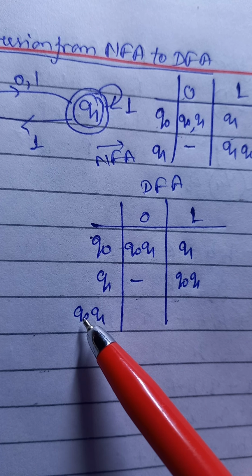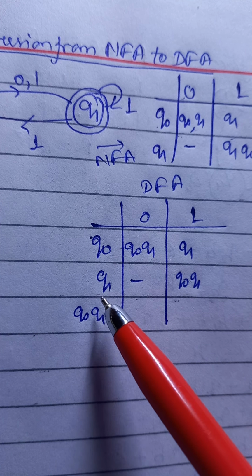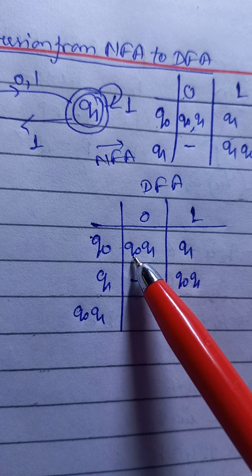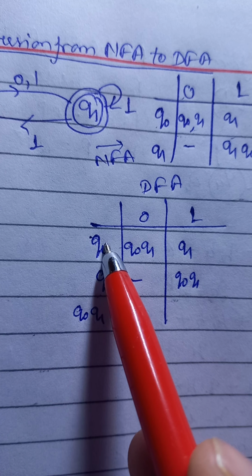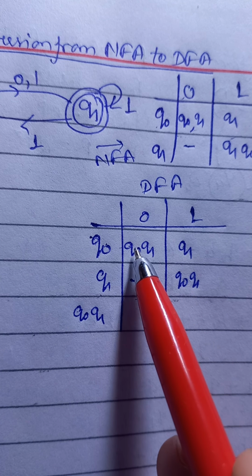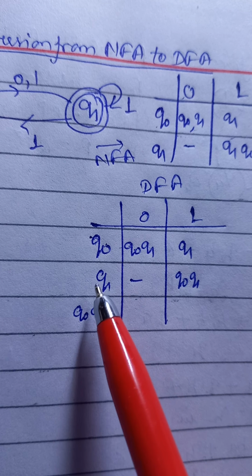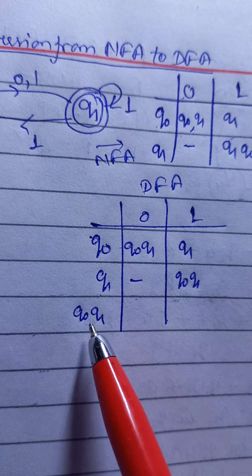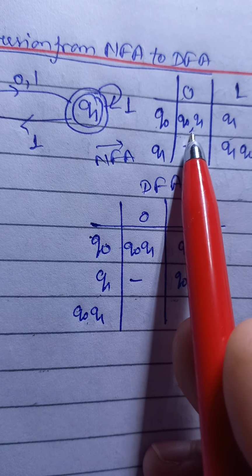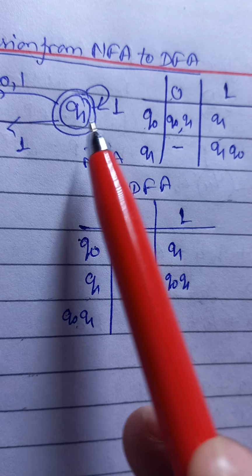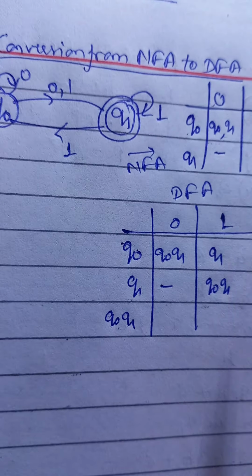So for Q0 Q1, when we have 0 transition, we are heading to Q0 Q1 both, because in Q0 when 0 transition is there, it is heading towards Q0 Q1 both, and in Q1 there is no transition. But we combine both states in a single state, Q0 Q1, because we got this new state in the NFA table from the diagram which we have.